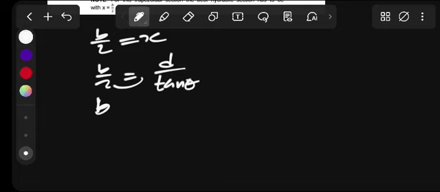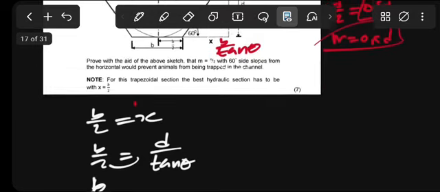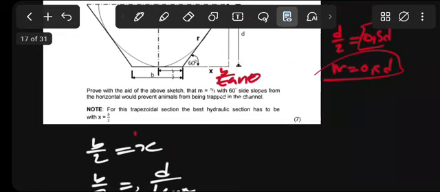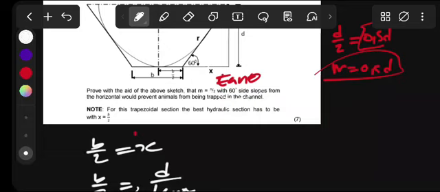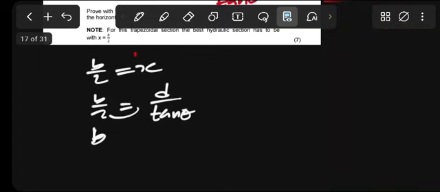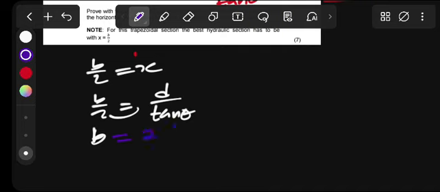It must be D, sorry about that. It is D over tan. So we have 2, and you can multiply that side, and this becomes 2D over tan theta.